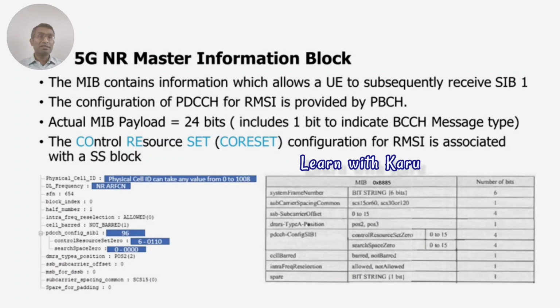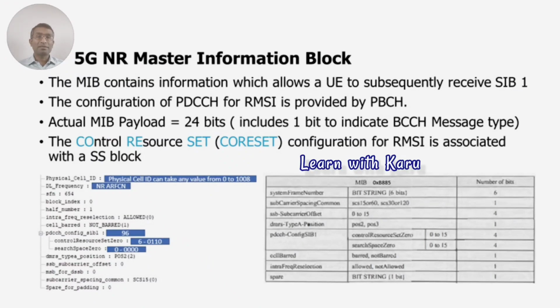The MIB contains information that is necessary to receive System Information Block type 1, which is also called remaining minimum system information, or RMSI, that the UE needs to decode to work with the system.